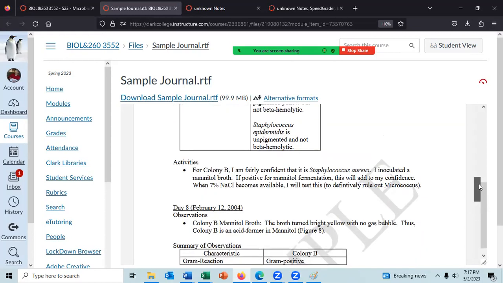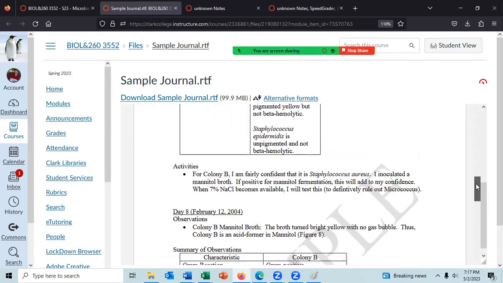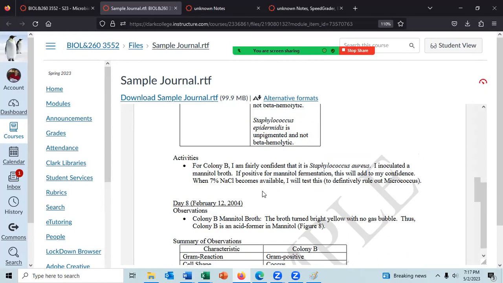Okay. So in each day, you might have activities, observations, and conclusions. And these observations may not be the same as the activity. If the test that you're requesting takes more than 1 day to run, you won't get the results on the day you're asking.